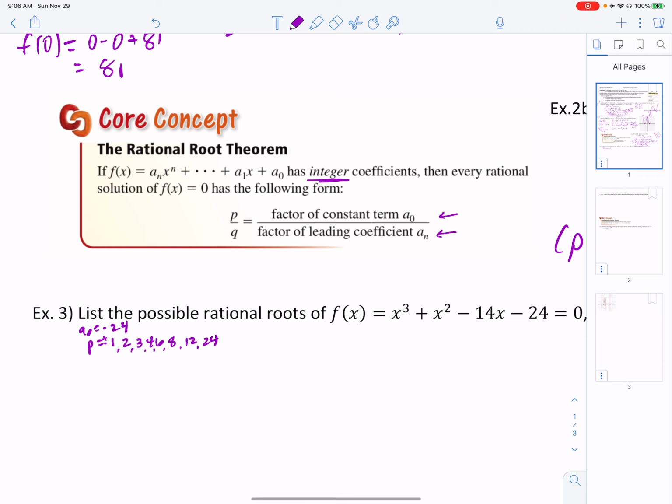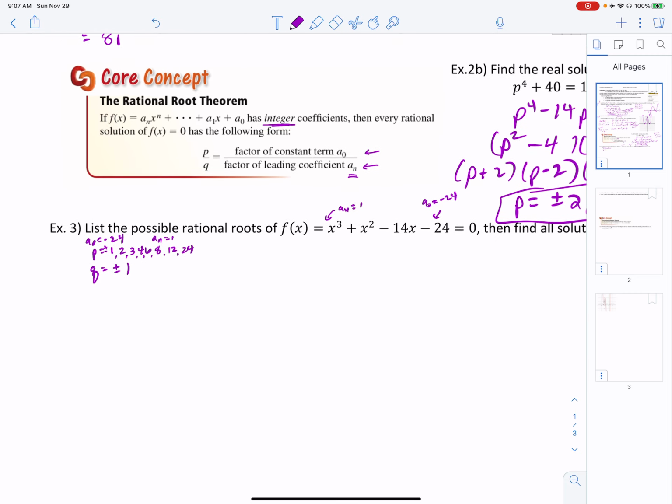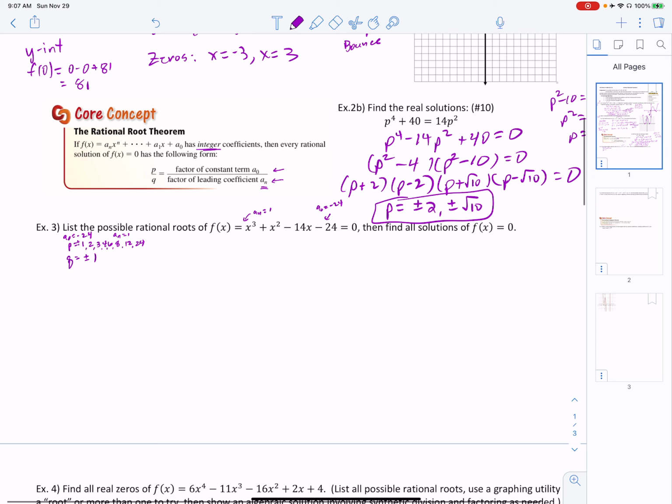In the denominator, we have factors of the leading coefficient a sub n. And in this case, a sub n is 1. A naught is -24. So for q, the only factors of 1 are just 1. So this is how I want it done on list the possible rational roots.